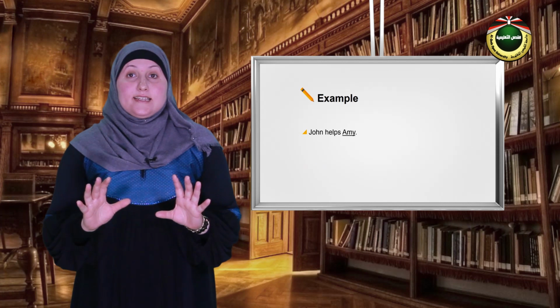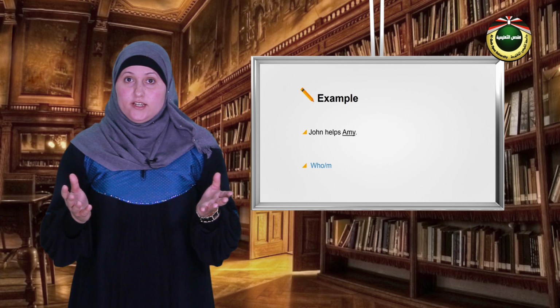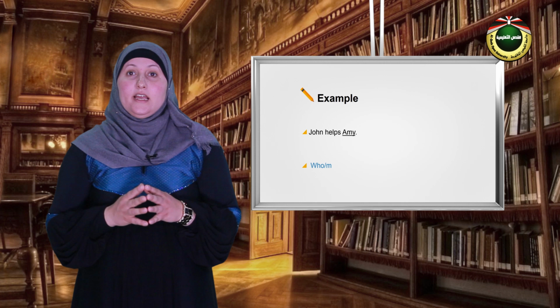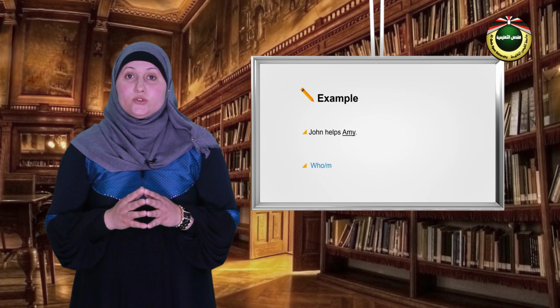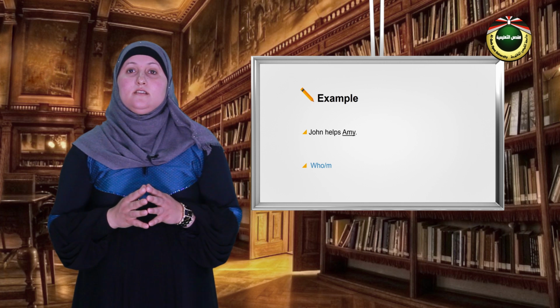Now look at this example. John helps Amy. The underlined word is Amy. What should we use? Yes, who, because it is a human being. Now, do we ask about a subject? Is the underlined word a subject?